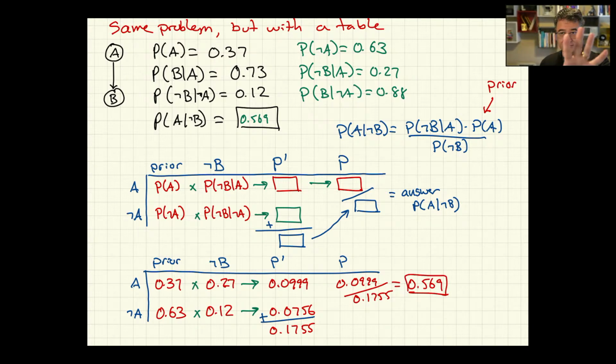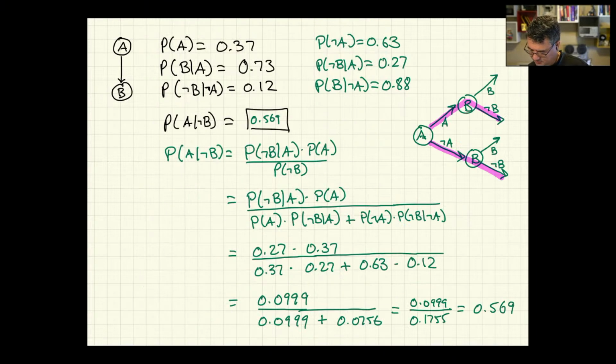Okay, the thing I want you to notice is what numbers are in that table. So we've got 0.0999 right there. We got 0.0756 and 0.1755. And if you look over on the previous screen, those are the same numbers that we've got here. And then we end up with the denominator here, the numerator here, and then our final answer.